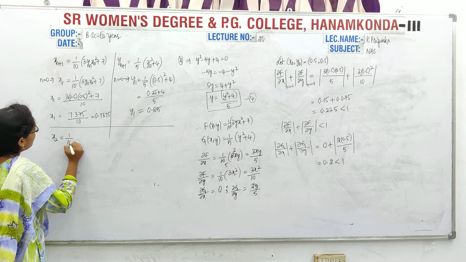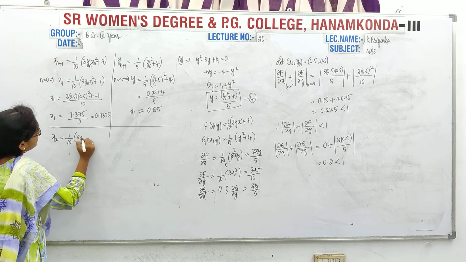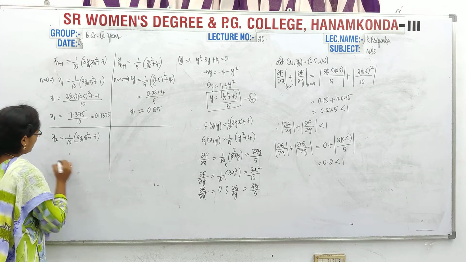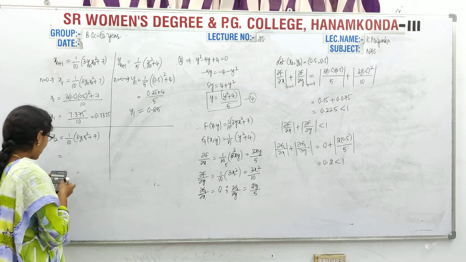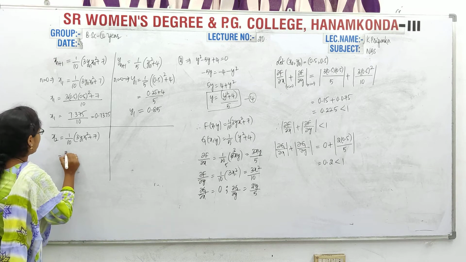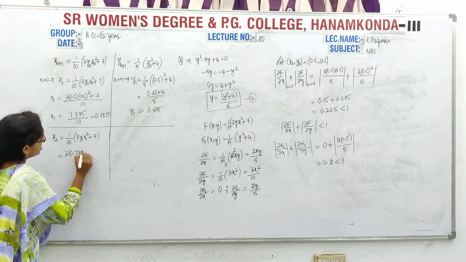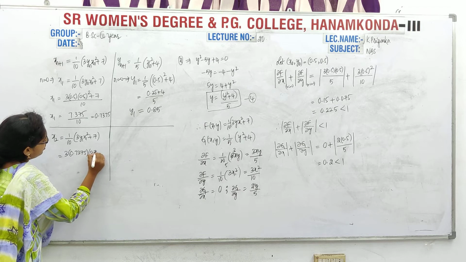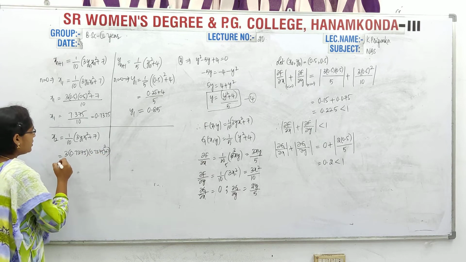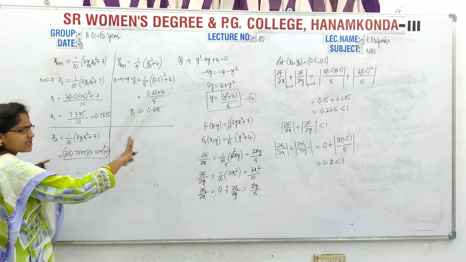x2 means what is the formula? 1 by 10 of 3y1 x1 square plus 7. Now 3 into, I am writing the value, 0.7375 whole square plus 7. If you want, you can calculate separately.